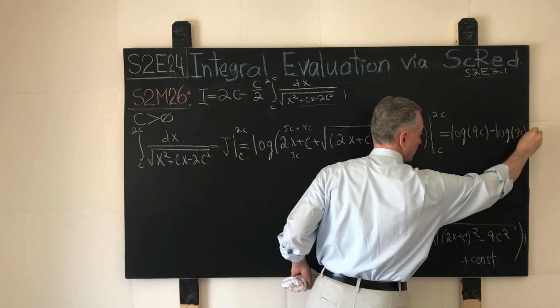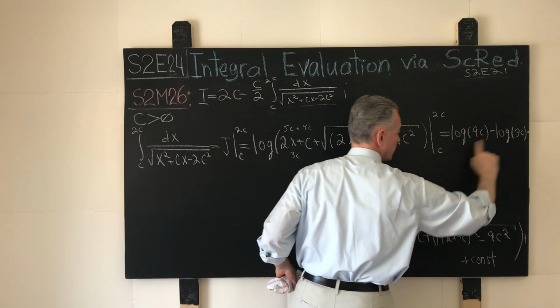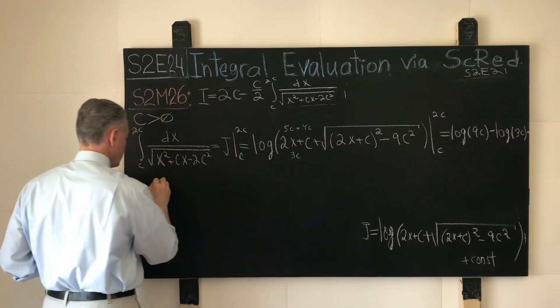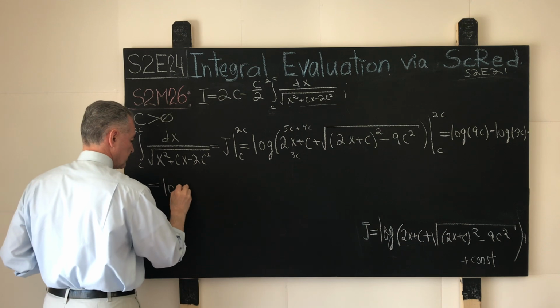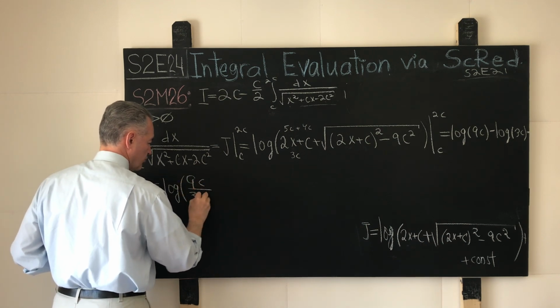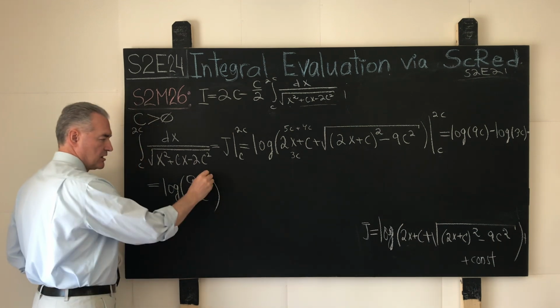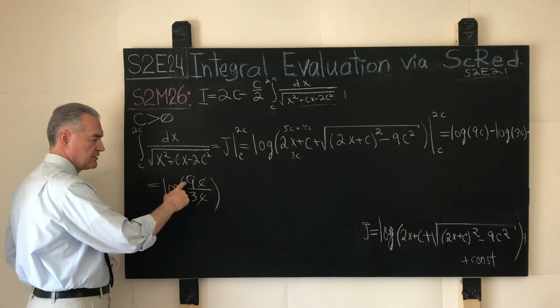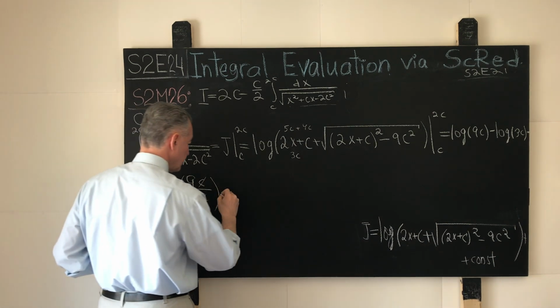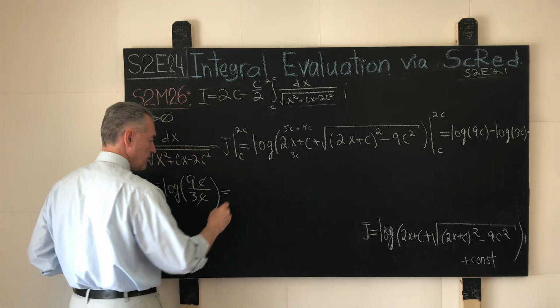And now, lastly, we use one of the fundamental properties of the natural logarithm. We write it down as follows. This is the logarithm of 9c over 3c. C and c cancel out. 9 factors as 3 times 3. 3 and 3 cancel out in the numerator and denominator.